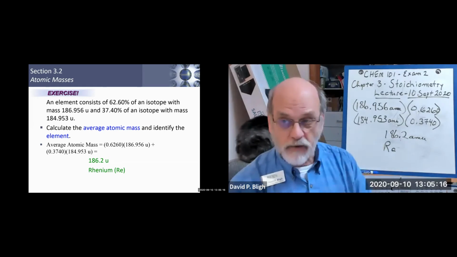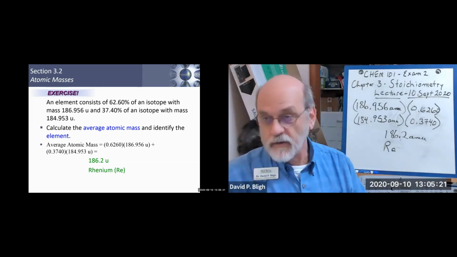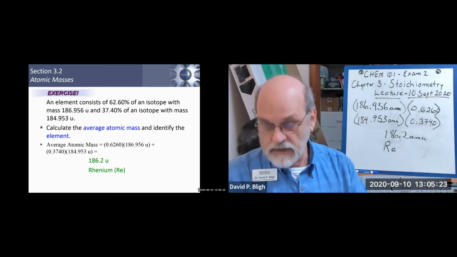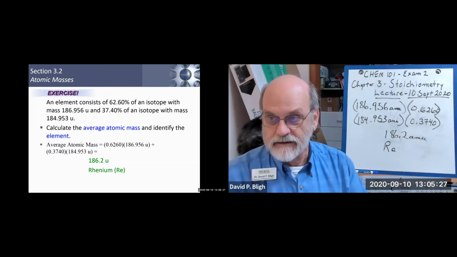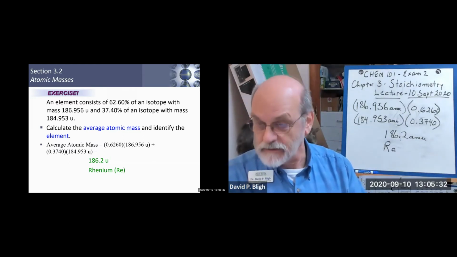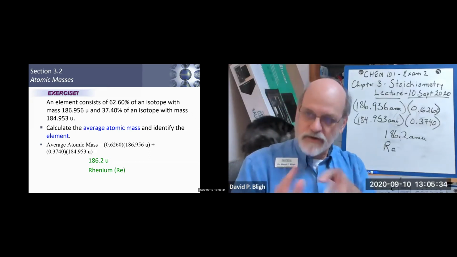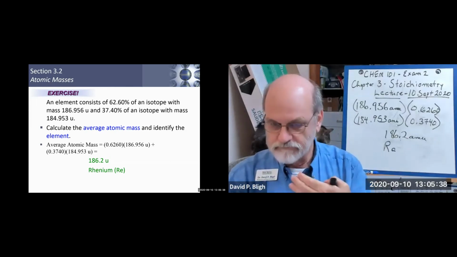That's very close. But what do we know about argon and calcium? Well, you may know the average atomic mass. What do you know about its state? Argon is going to be a gas. Calcium is going to be a solid metal. So you can use that information to break the tie.